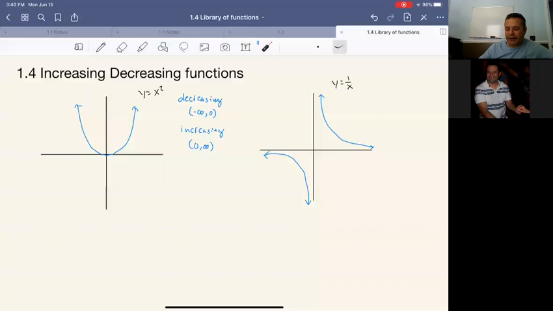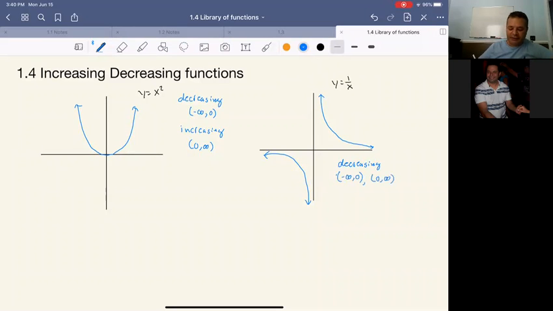And again on the right-hand side, as you move from left to right, it's decreasing. Okay, so this is always decreasing, but we do have a break at 0. So we're going to say this is decreasing from negative infinity to 0, and then again from 0 to infinity.